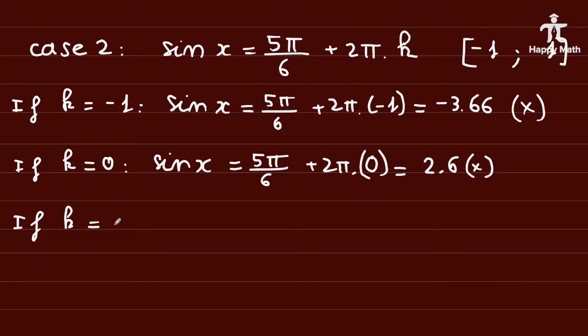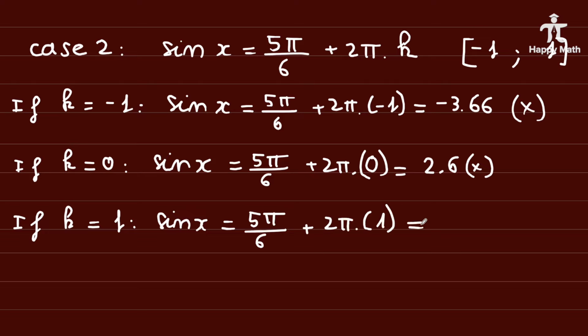And the last one I want to try is k equal to 1. About this, you got sin h equal to 5 pi over 6 plus 2 pi multiplied by 1, and this is a little bigger, 8.9. And one more time, you got no solution for the case 1, because the value for sin h has to belong to the interval -1 and 1.